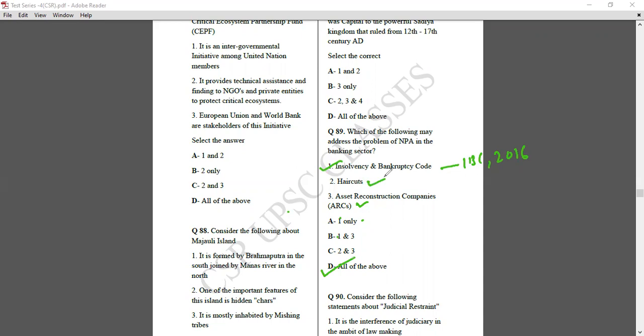If we give some cut in the loans, then obviously the problem of NPAs can also be addressed. Basically it is a reduction in the value of the asset. If the value of the asset is reduced, obviously haircuts will help in solving the NPA problem. Okay, so all three are correct.